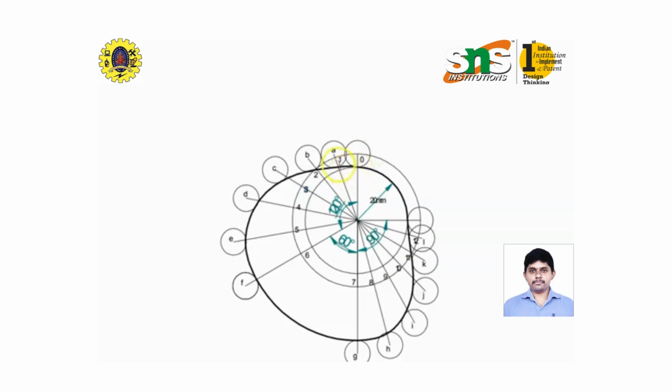Similarly for the second line we need to plot with the compass so that we can construct the diagram, and the third one also we need to plot the circle, and for the fourth one similarly we repeat all the procedures, and finally we will get the cam diagram, and following that we need to represent the type of follower. For that we highlight it using a circle that represents the roller follower.